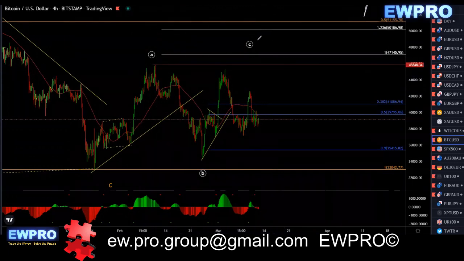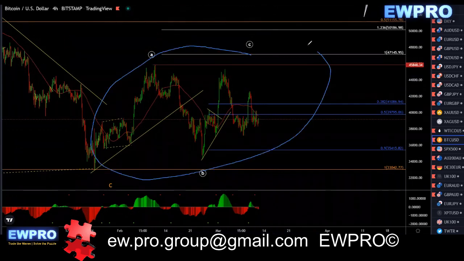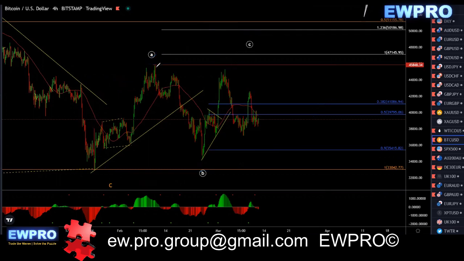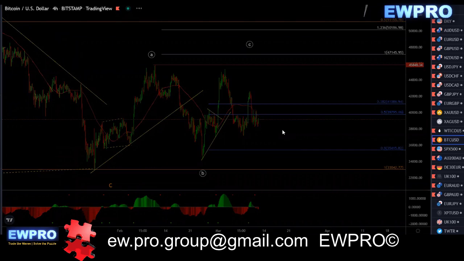Whatever's happening in here, I believe, is corrective, but it's incomplete, because we never broke the top of wave A. We're getting very deep corrections: impulse, very deep correction, impulse, very deep correction, making it very difficult to trade.